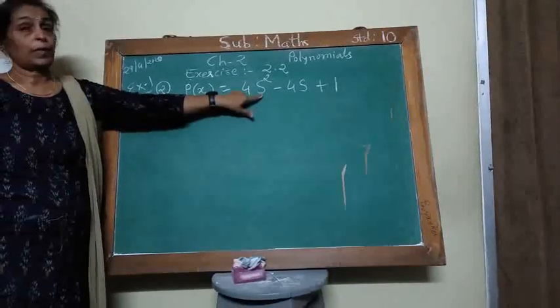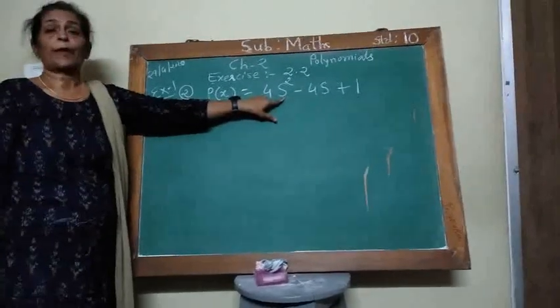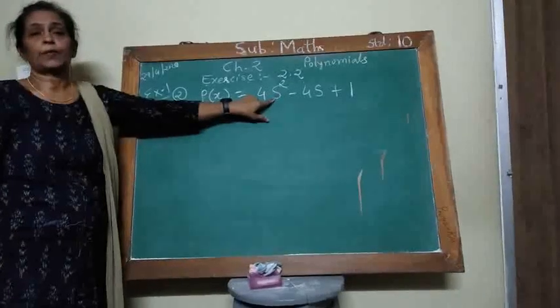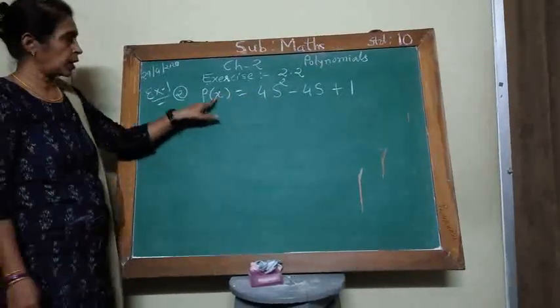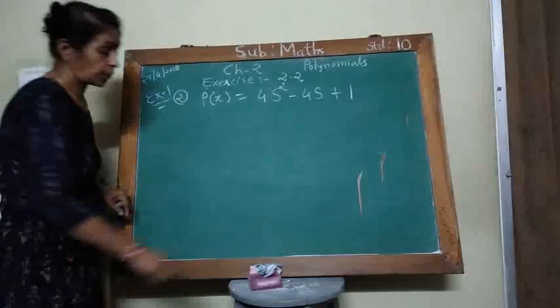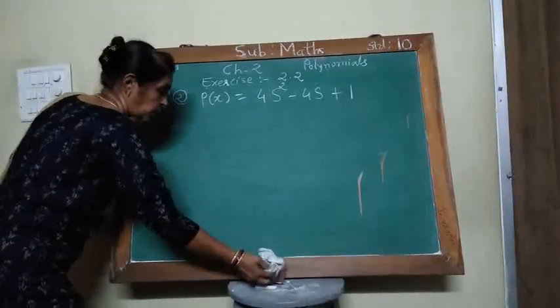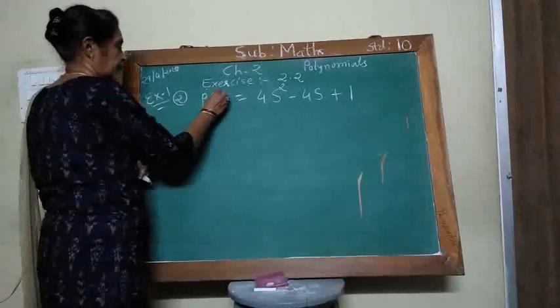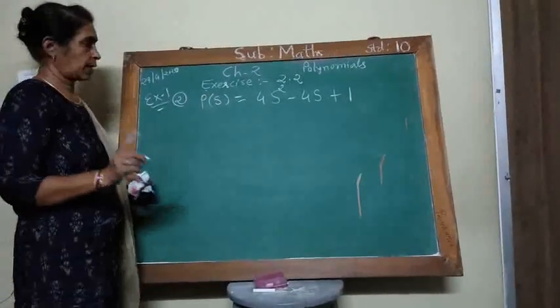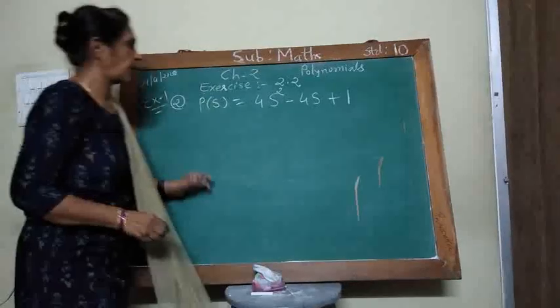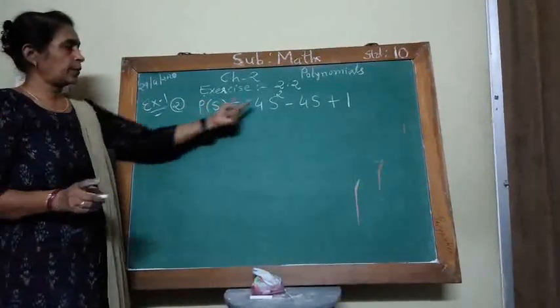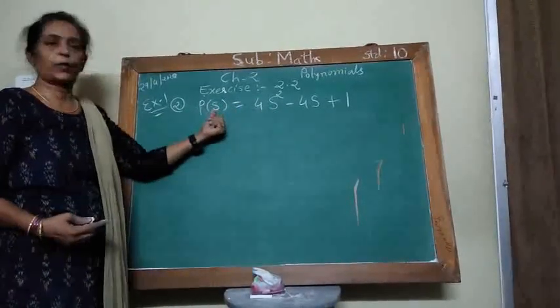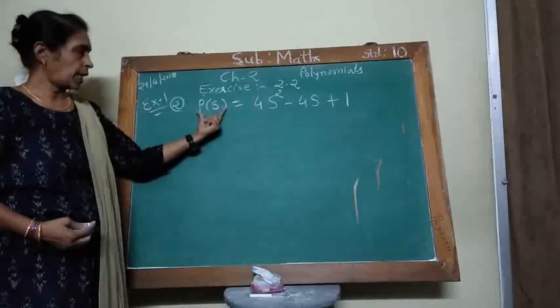Here the variable is not written in terms of x. They have written it in terms of which variable? S. So here you have to write p of s, not p of x, but p of s. So be careful. In exercise 2.1, I already told you that if the polynomial is in terms of y, then you have to write p of y, p of s.